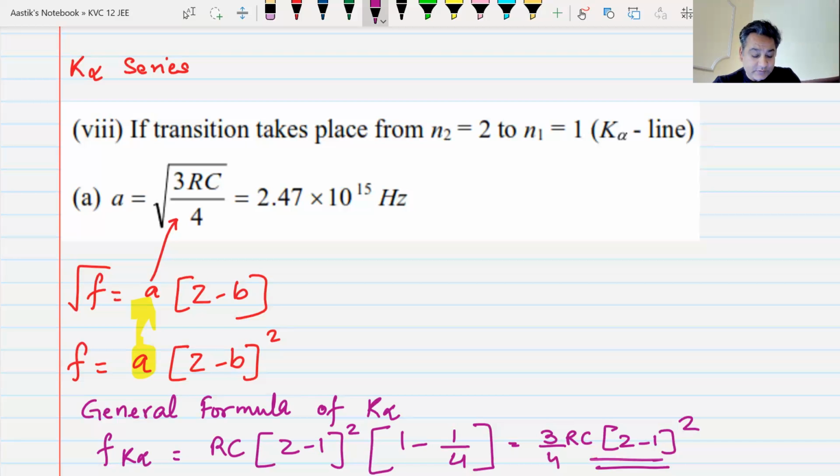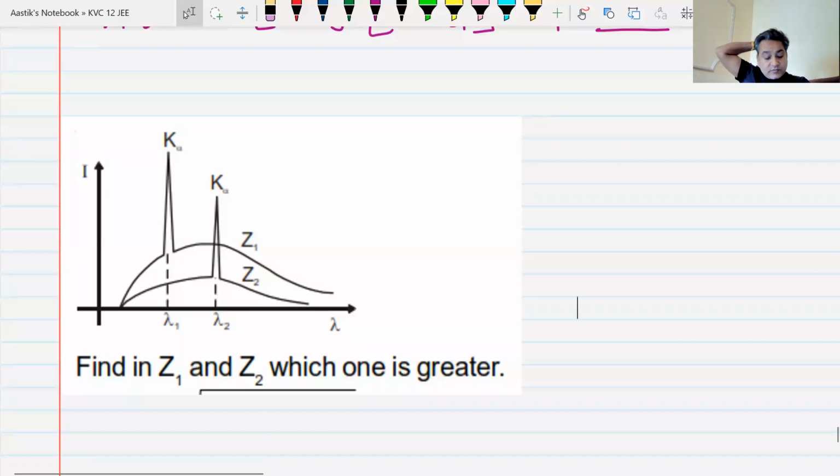Then we have this one. You have again the graph between intensity and wavelength. Which graph represents which one?